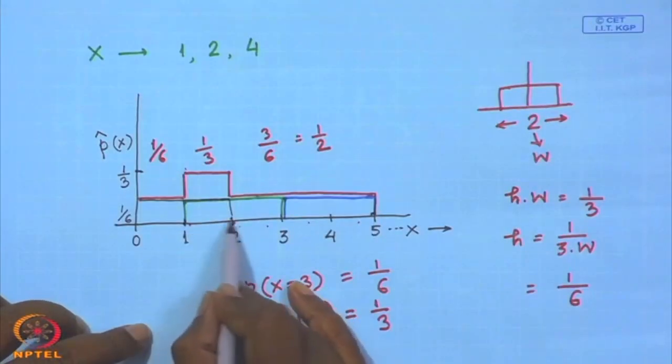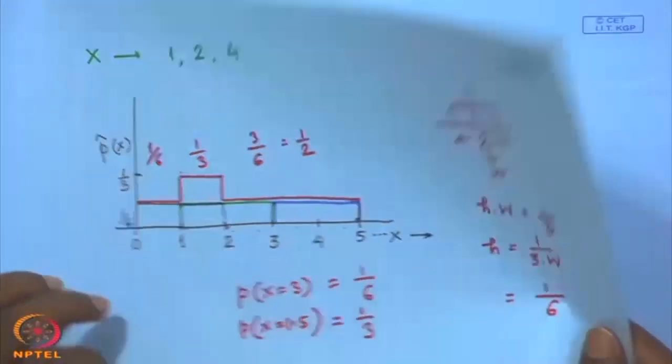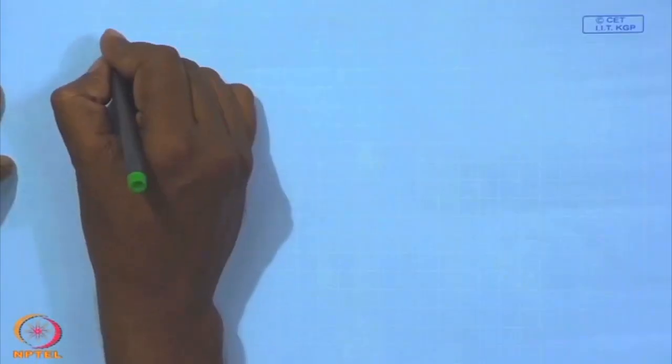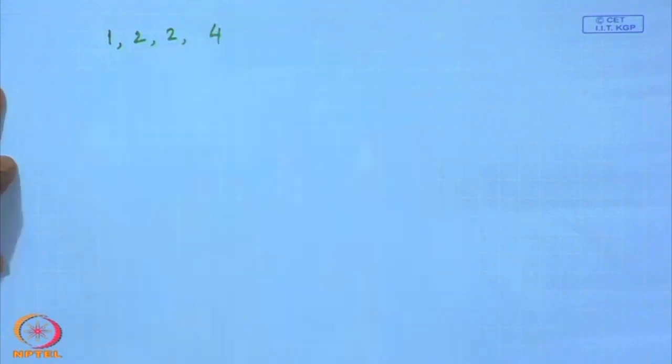Now, let us see, for the same example, one more thing: what will happen if I get multiple samples at a particular location. So, before I go to other window functions, let us see what will happen if I have the samples as 1, 2, 2, 4.